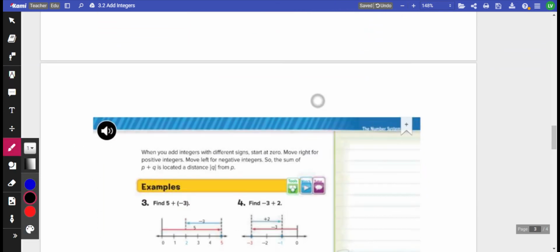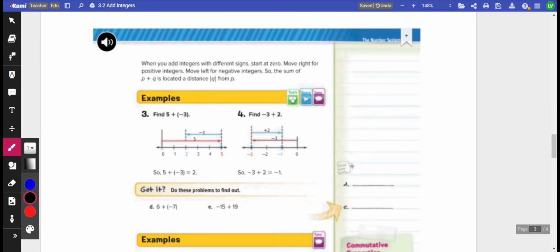Let's continue. When you add integers with different signs, start at 0. Move right for positive integers, move left for negative integers. So the sum of p plus q is located a distance of the absolute value of q from p. So that's just saying, like in example 3, where you find 5 plus negative 3.